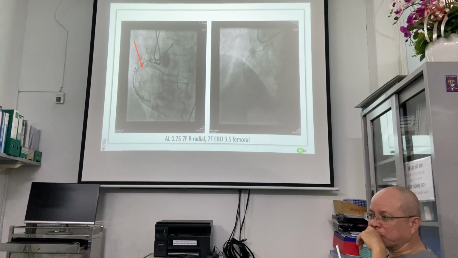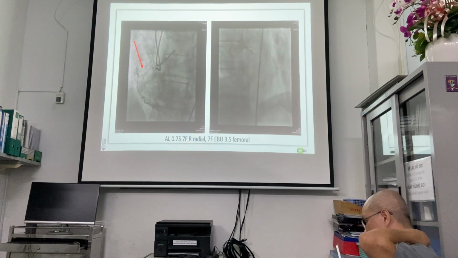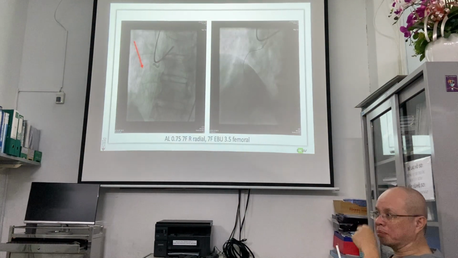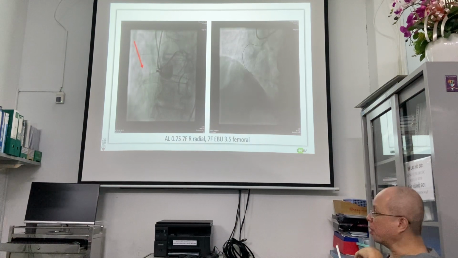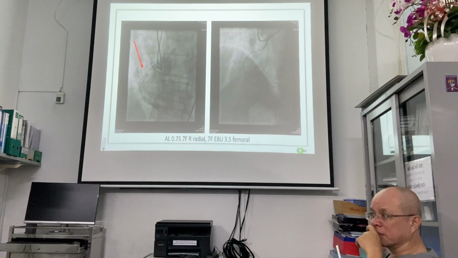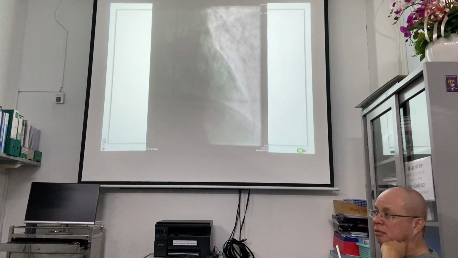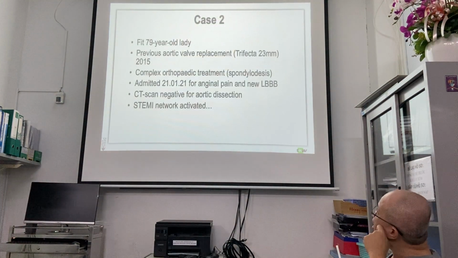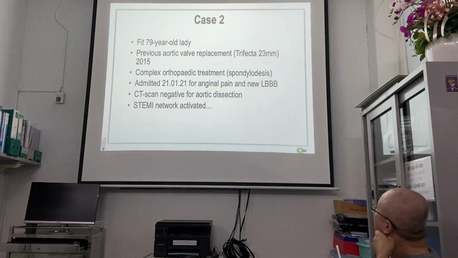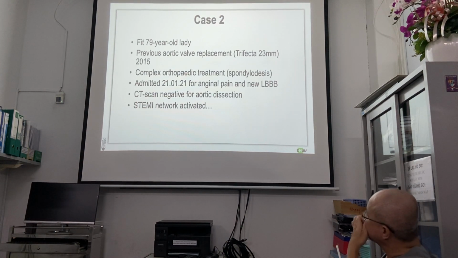Don't you think that if we continue to resuscitate this patient with ECMO, we can survive? Maybe I showed it already last time, because I had a similar patient. Didn't I show this one already?